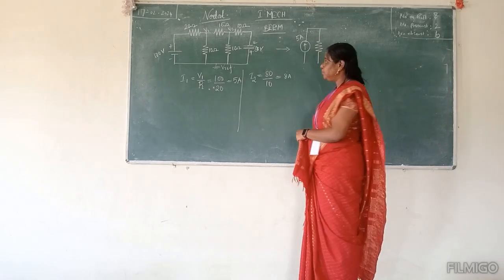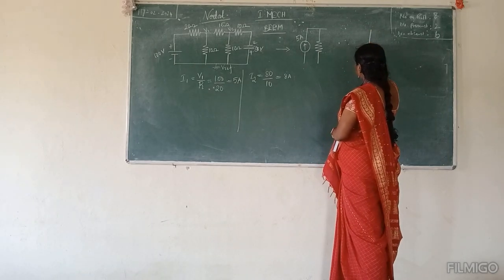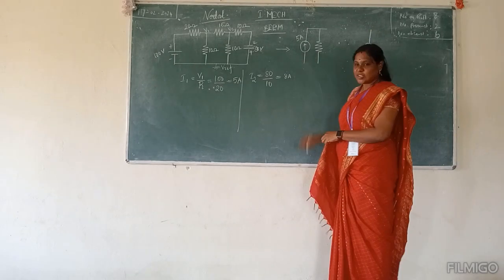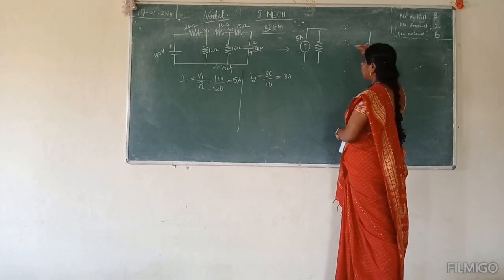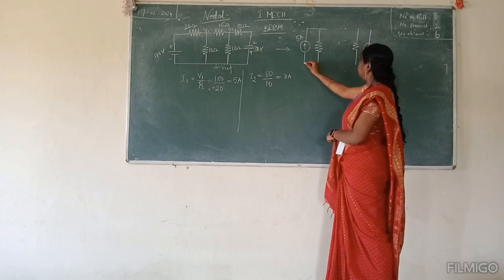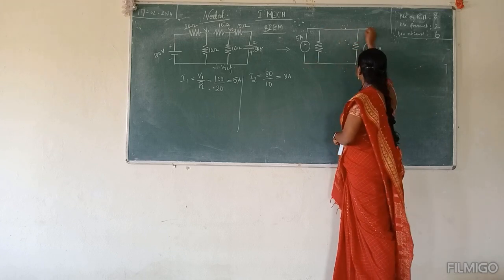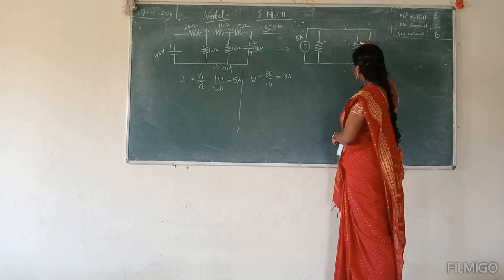Again, coming to this side, it should face down because positive is down. What is this value? 8 ampere. That resistor is 10 ohm, again should be replaced here. So this is 10, 20, this is 10.